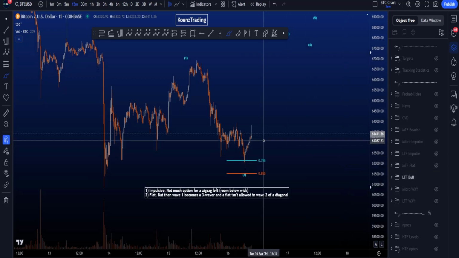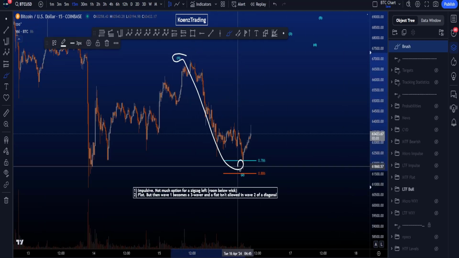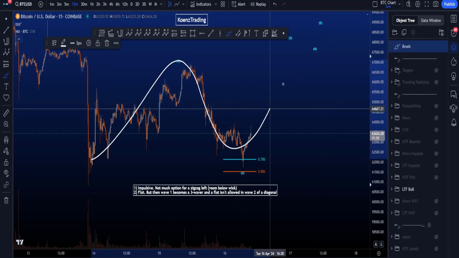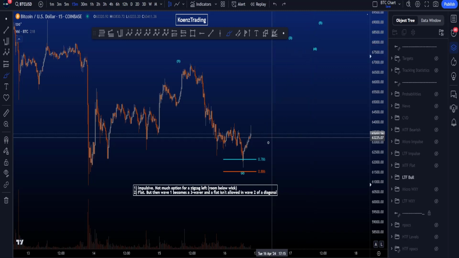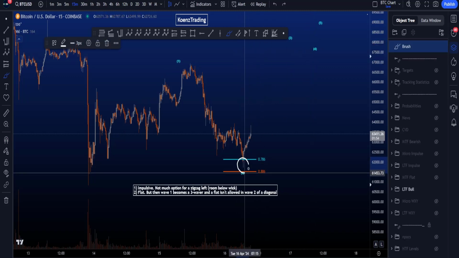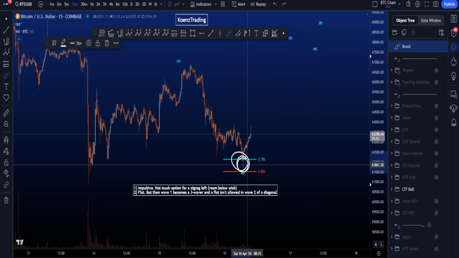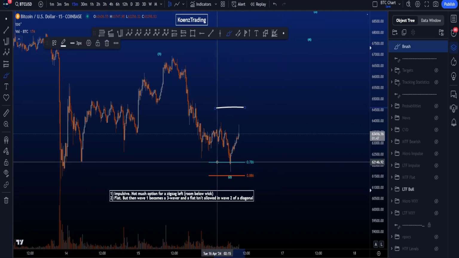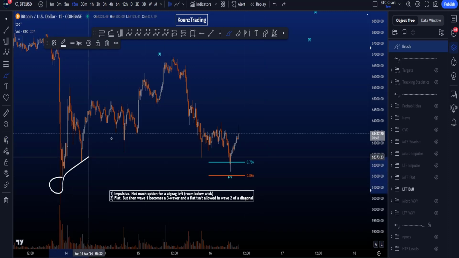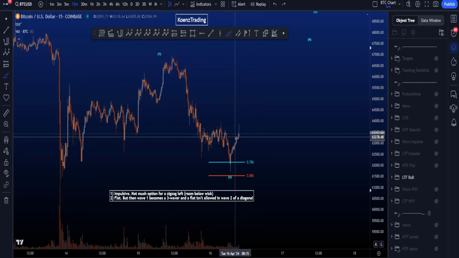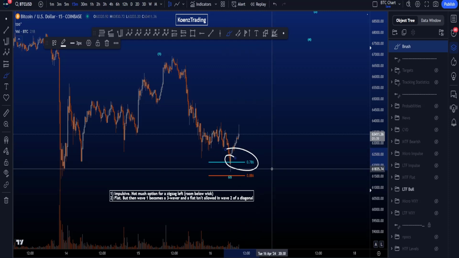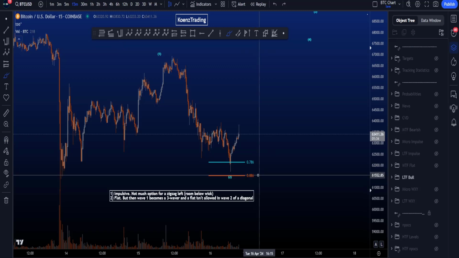So if I open this scenario here where we have our wave 1, we are then looking for 2 and continuation to the upside in a wave 3 or potentially an ABC, but by all means upside, then this has to be the low of your wave 2 at least, because the common target for a wave 2 is the 0.5 to the 0.786 Fibonacci taken from the low to the high of your wave 1. We hit the 0.786, which is your maximum target for a wave 2, and the 0.886 is a very rare target for a wave 2.